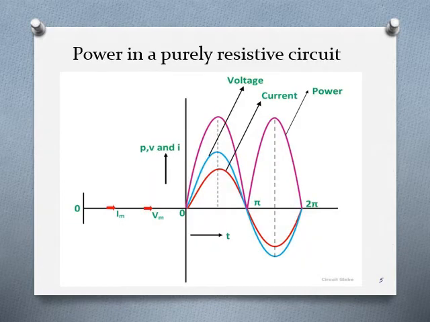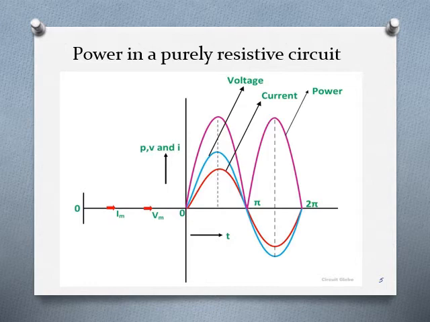Now let's see what the power is in a purely resistive circuit. In this waveform, three alternating quantities are shown. The blue color sine wave is the voltage. The red color sine wave is the current. And the one in magenta is the power.